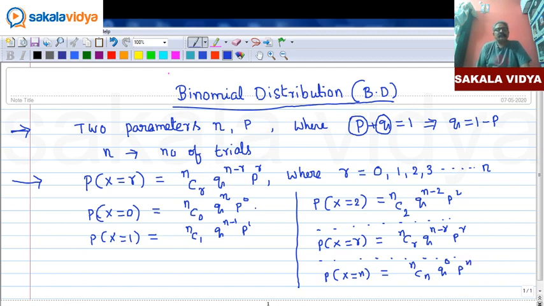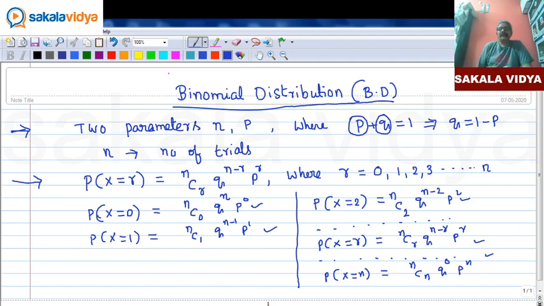Just observe these: P of x equal to 0, 1, 2, r, n. They seem to be the terms of the binomial theorem, the binomial expansion.